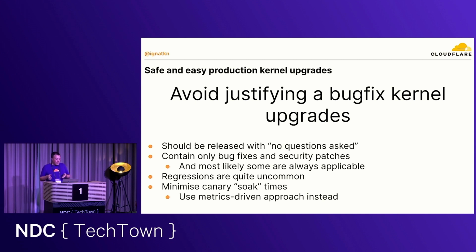And you should probably minimize your canary soak times and use metrics. Try to think about what kind of additional observability metrics you can add to determine if a kernel upgrade is healthy as fast as possible.